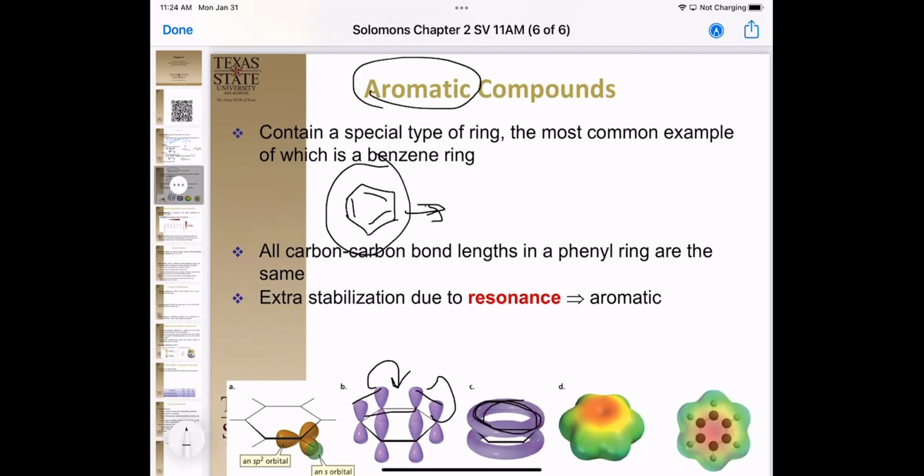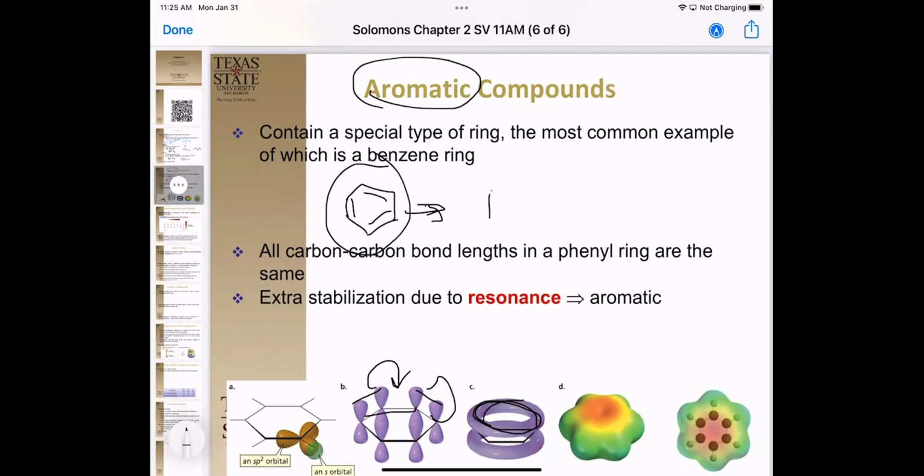And not only is resonance in play here, that resonance saves so much energy, we actually have what we call resonance stability, meaning that those aromatic compounds don't react like alkenes anymore, they react differently. So that's why they're their separate hydrocarbon group.